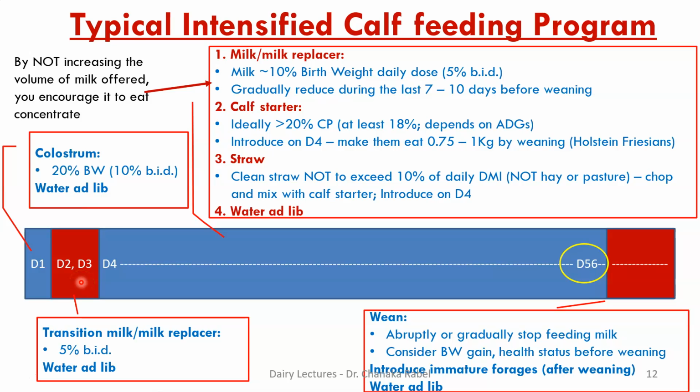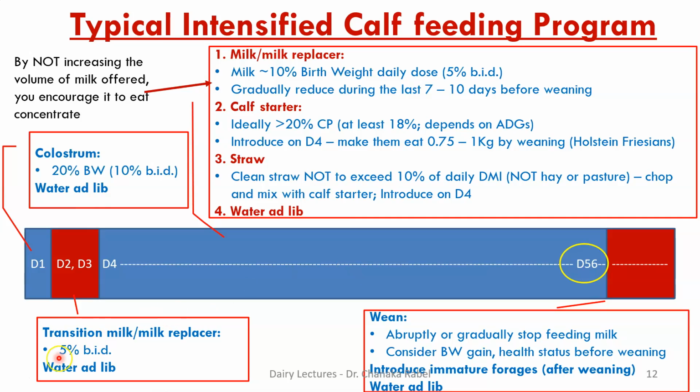But from day 4 onwards, we do not increase milk consumption of the calf by body weight, but instead we do this calculation by birth weight. So if the calf was 40 kilograms at birth and the calf is 70 kilograms here, we still calculate by birth weight, not body weight.